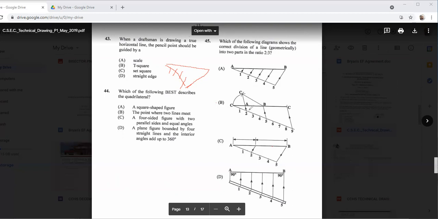This one is like a ratio of 2, 1, 1, 2, 2, 4, and 1, 2, 3, 4, 5. So this will be a ratio. This one could not be correct. The line must touch this at that point. So that is out. So A is the only correct response.